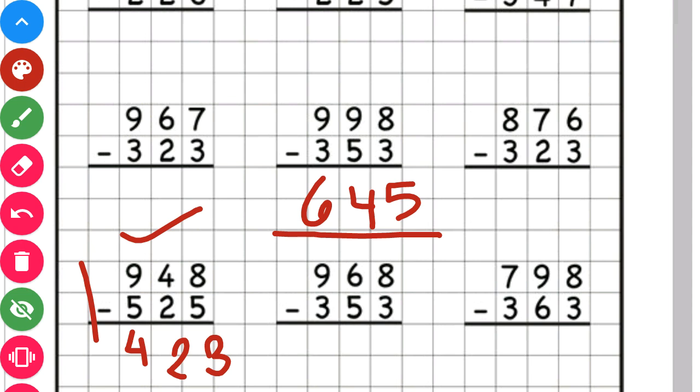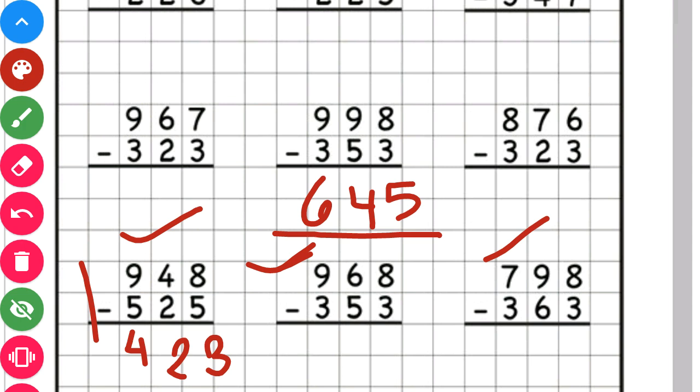Now, quickly solve these two questions in your copy. Yes, do it fast. Don't waste your time.